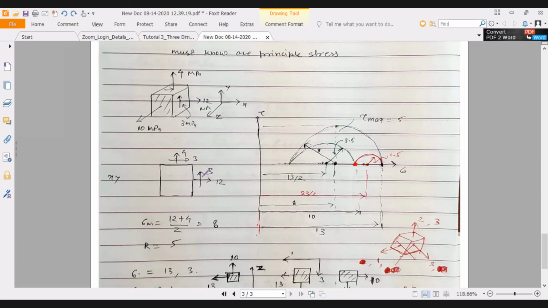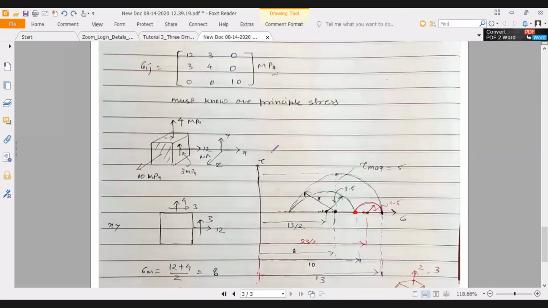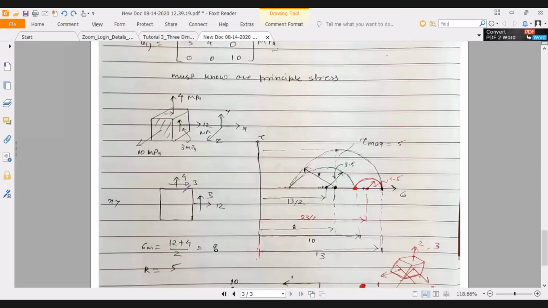If you know the calculation of principal stress in 2D cases, this is a simple 2D problem. I am considering the xy plane.